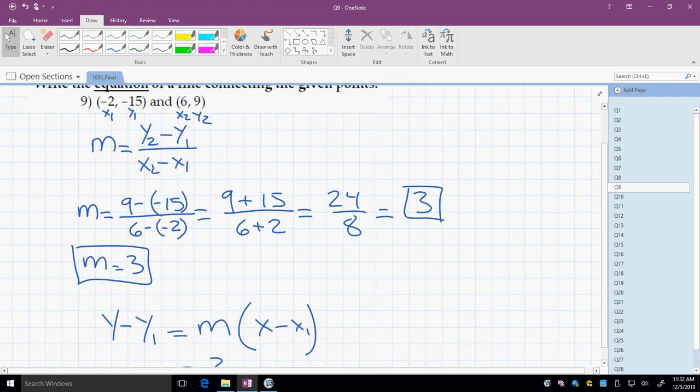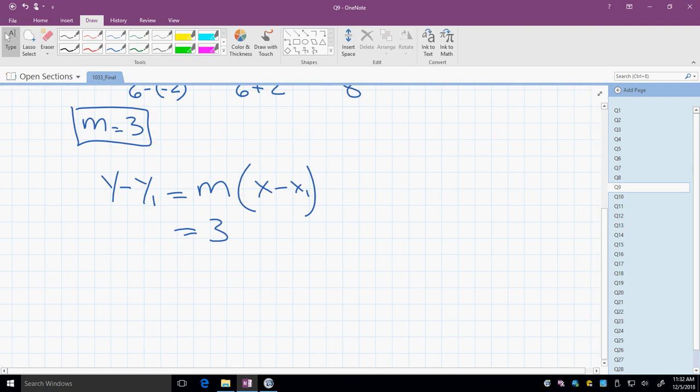So I'm going to use the negative 2, negative 15. So this is my x and y. So I'm going to go here and plug it in. So it's y minus negative 15 equals 3, and for the x, it's going to be x minus negative 2.